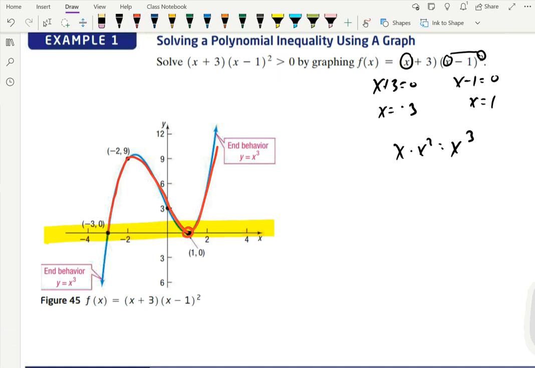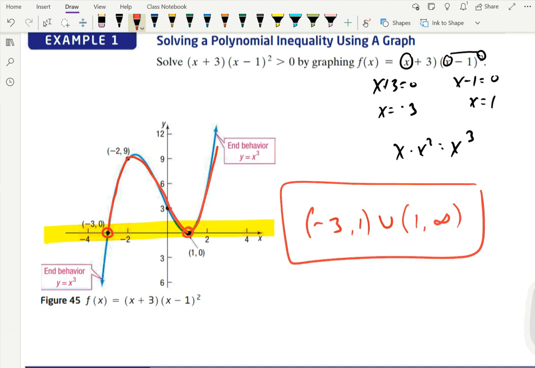So we don't want anything on the axis, so it's got to be an open dot here. This must be an open dot here. So the interval when this occurs is between negative 3, exclusive of the endpoint, all the way up to 1. And then we're going to union that with from 1 out to infinity. Okay? So that is our solution set for this particular question.